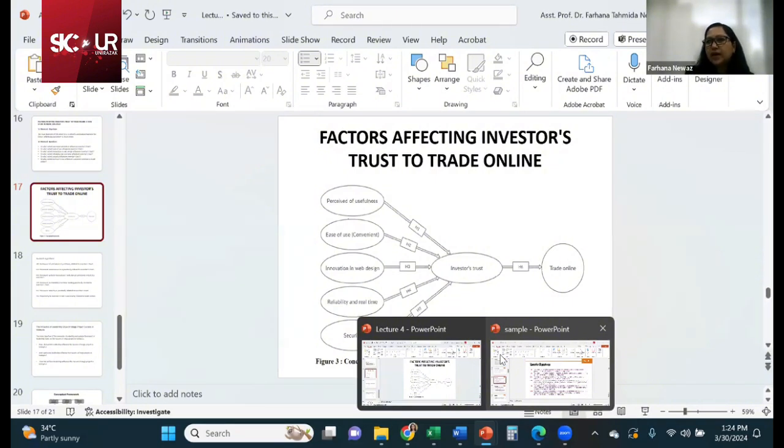So if you want to get 200 respondents, how many do you need to distribute? Minimum 800 to 1,000. If it's 200, the minimum will be 600, 700. If you target that, then you can assume the response rate will be 40% or 30%, something like that.